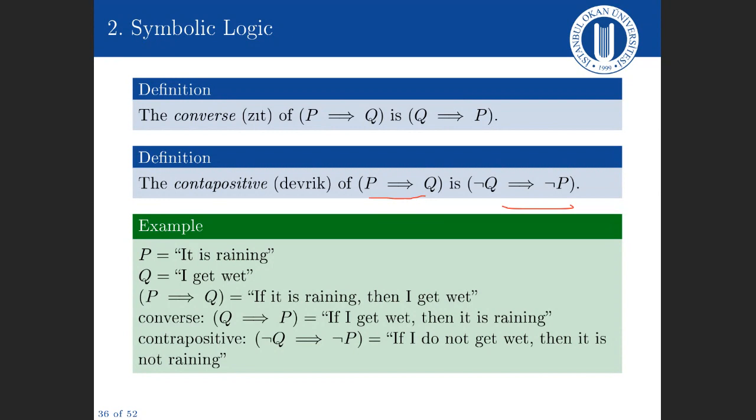This is a useful trick that mathematicians use when we want to prove things. Sometimes we want to prove that P implies Q is true, but it's difficult. But it turns out that proving that not Q implies not P is easy. And because we know that they are the same thing, it's useful to use contrapositive.